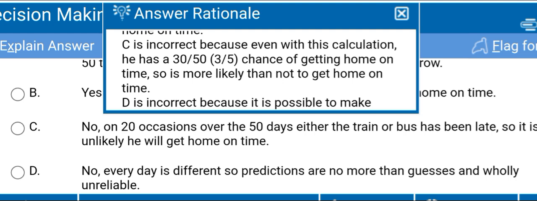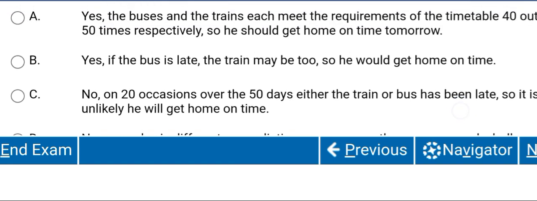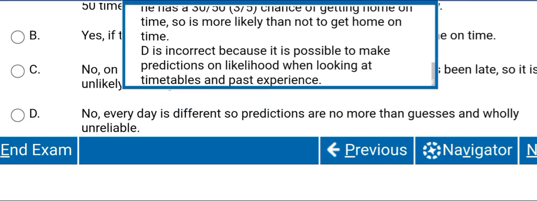So he is more likely than not to get home on time. Option D is incorrect because it is possible to make predictions on likelihood when looking at timetables and past experience.